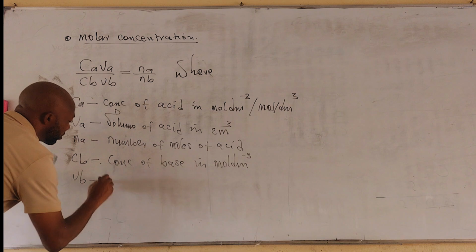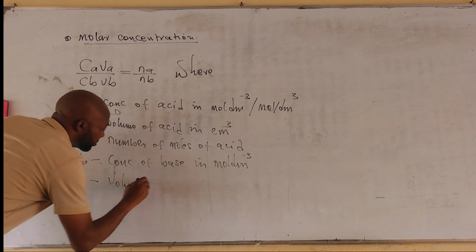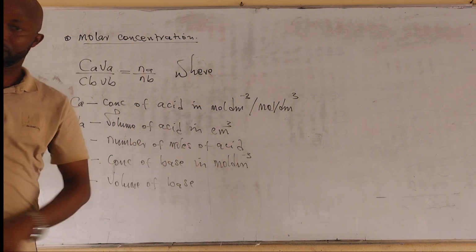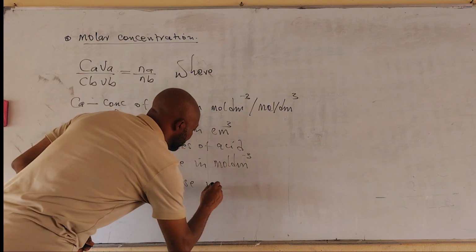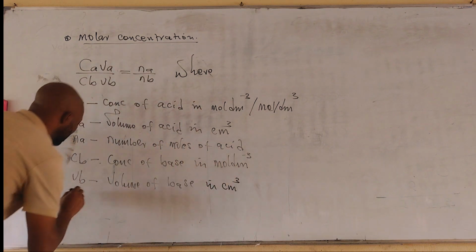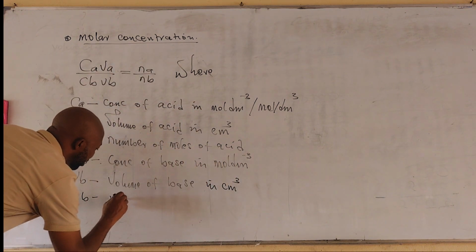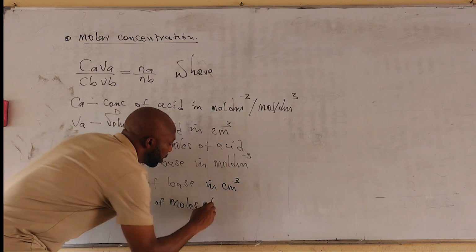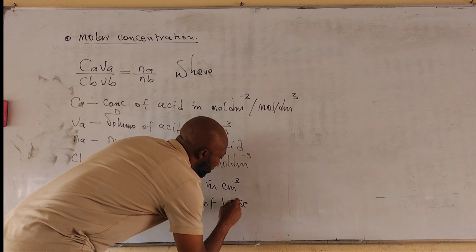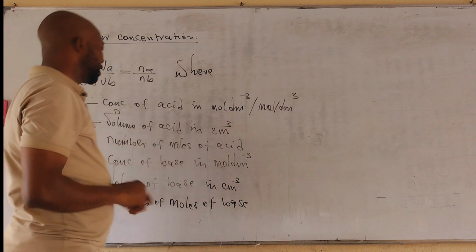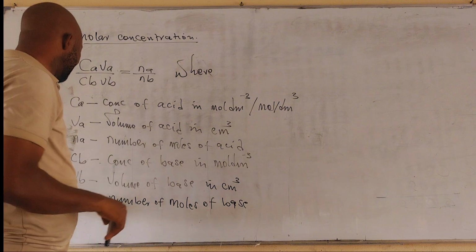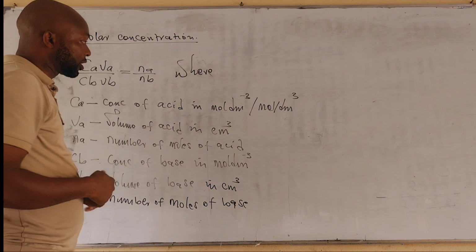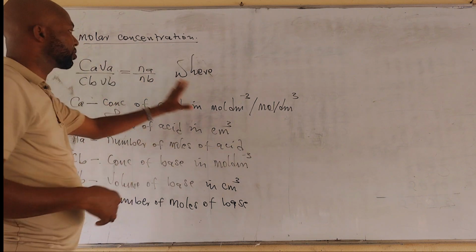VB, volume of base in cm cube. NB is number of moles of base. Now, NA, number of moles of acid, and NB, number of moles of base, don't have a unit. So that is how that goes. So this is what these variables mean.